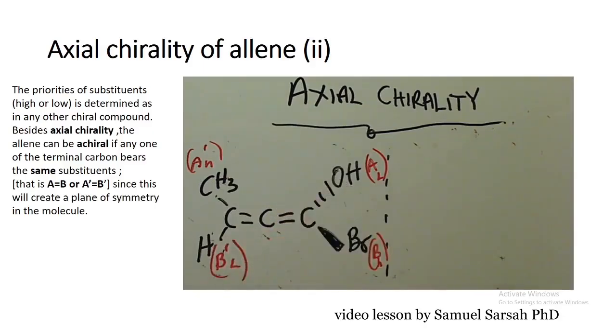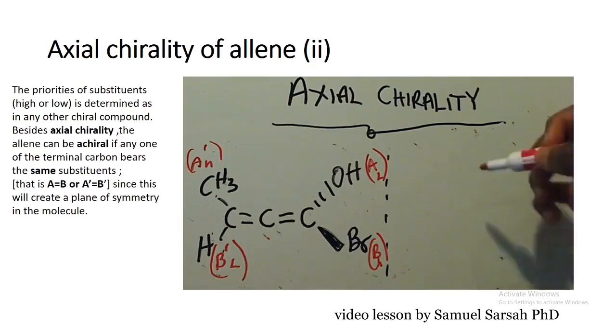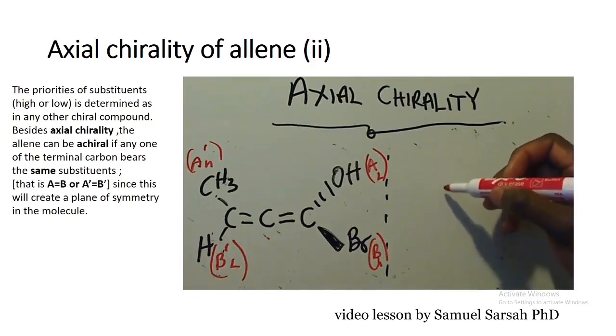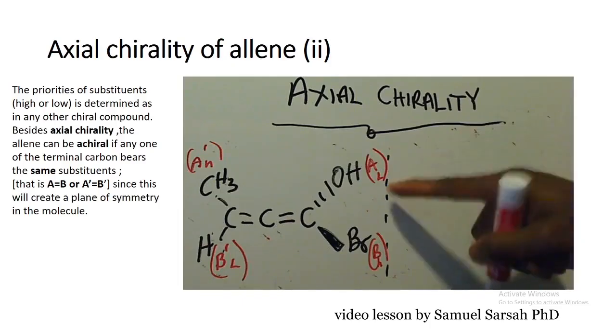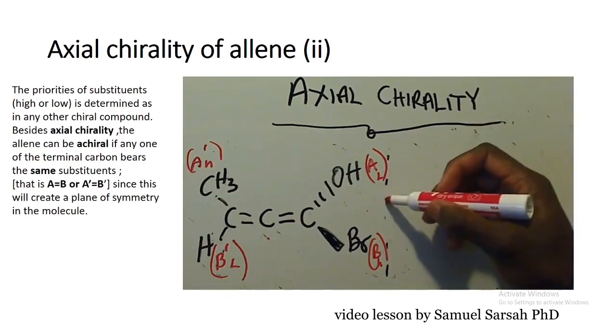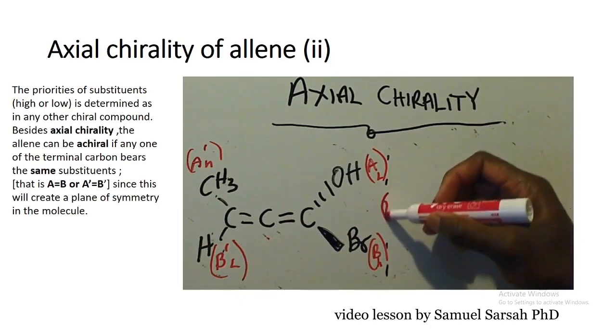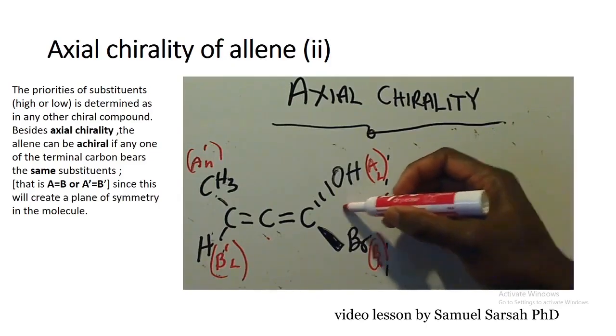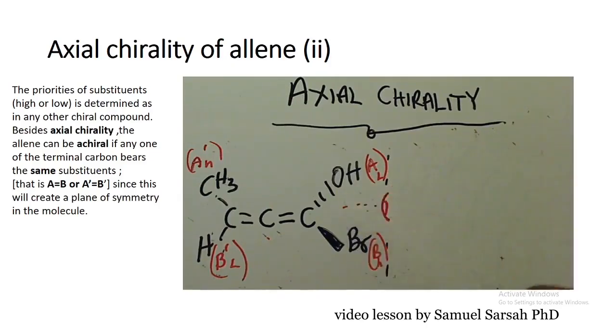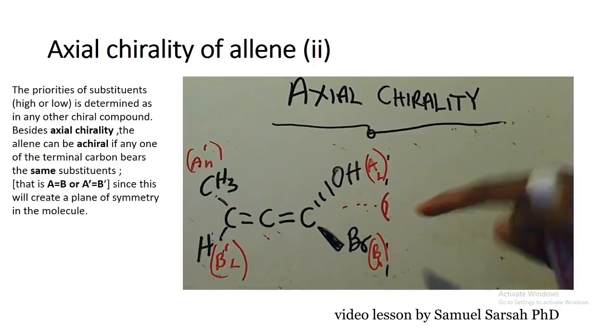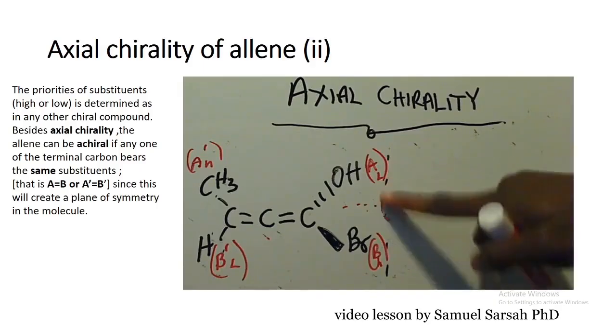Okay. Now if I'm assigning the R and S, I'm going to assume that I'm standing here and I'm looking at the molecule on the side. Okay, let me change it.